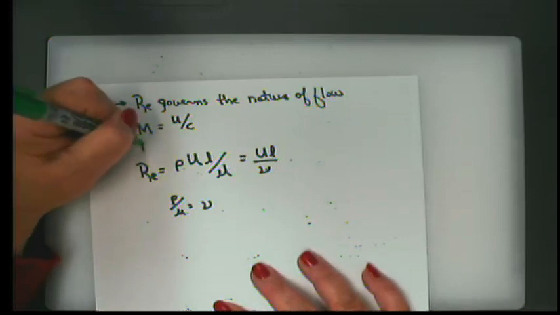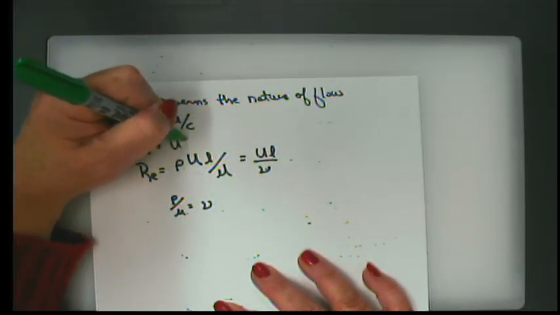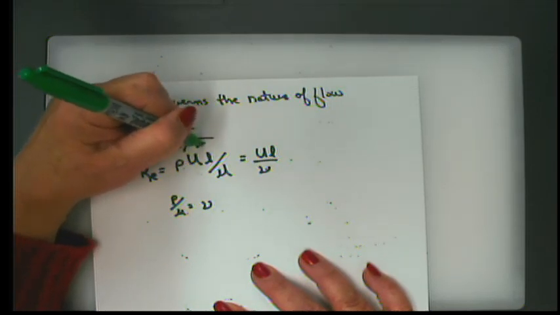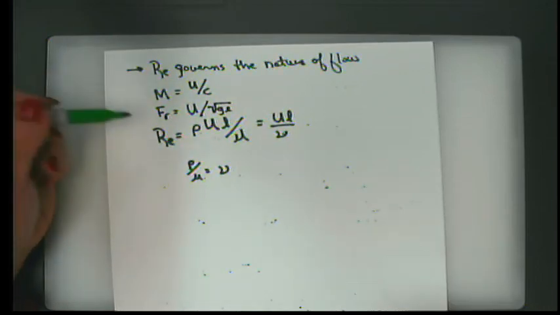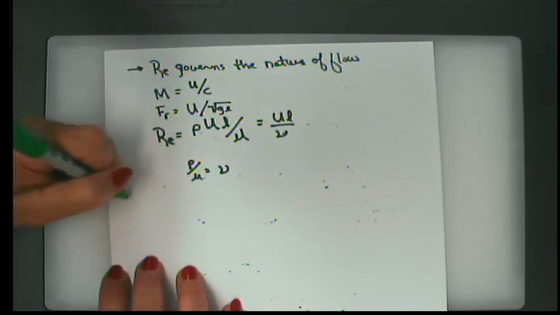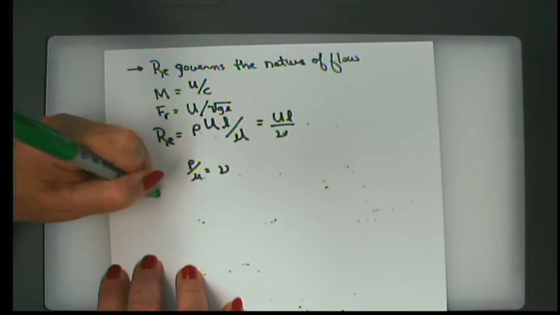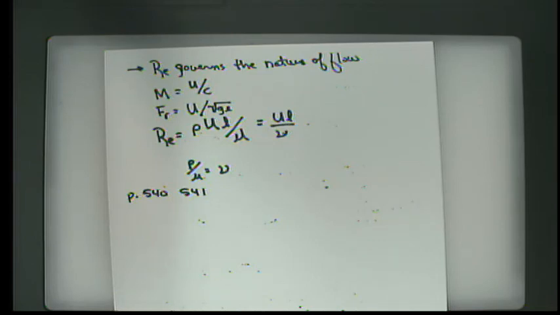Another variable that we look at quite often is the Froude number, which is speed divided by the root of gravity times length. All right, and so the most important thing when we talk about immersed flows at subsonic velocities is the Reynolds number. So in your textbook on page 540 and 541, they discuss this in fairly good detail.